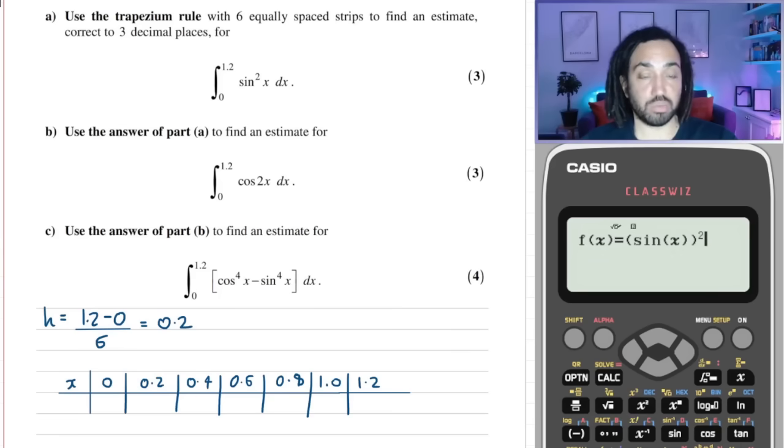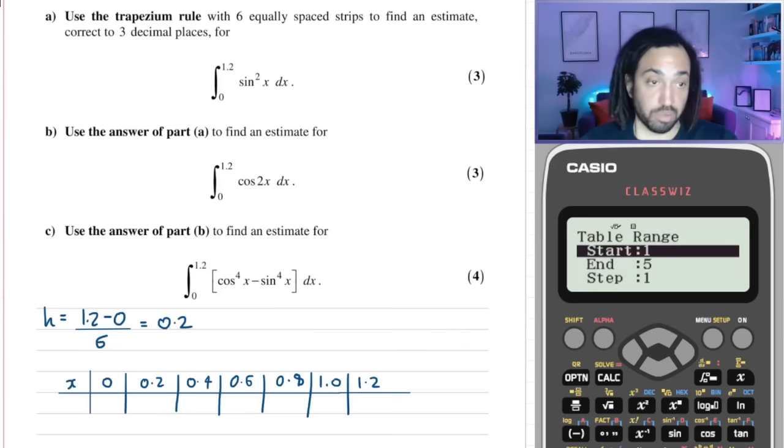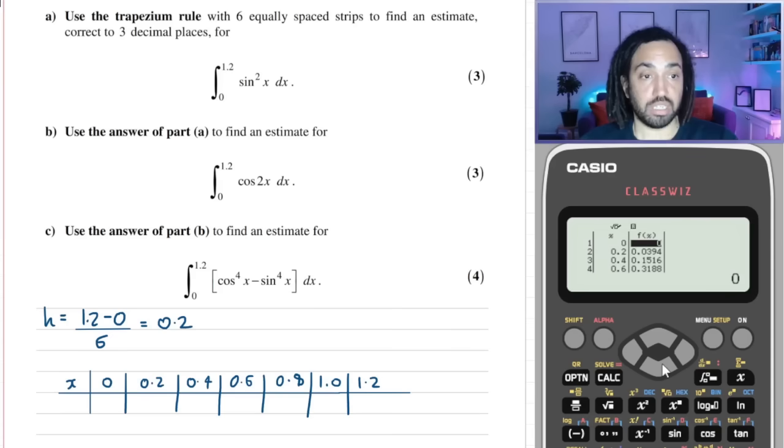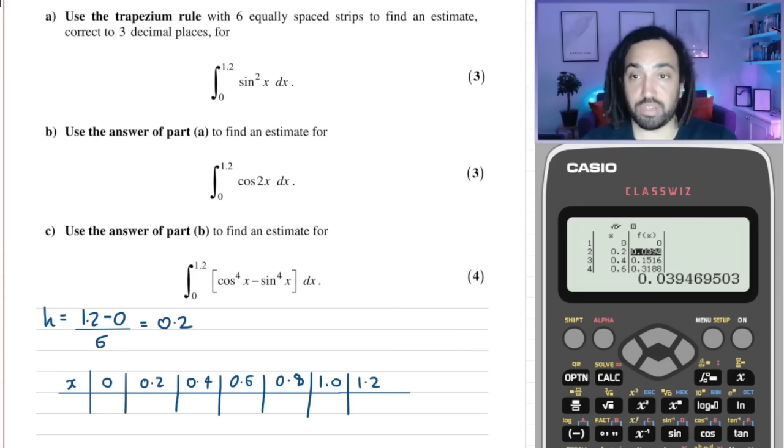Perfect. So sine of x squared, and this will be in radian mode by default, and we don't need a second function, and we need to start at 0, we need to end at 1.2, and the steps we're going up in is 0.2. Okay, great. So there we have our numbers.